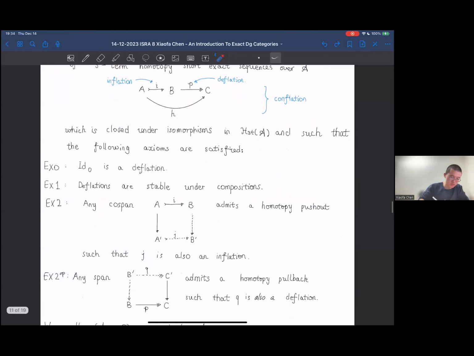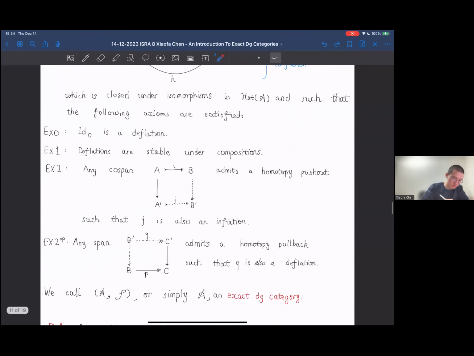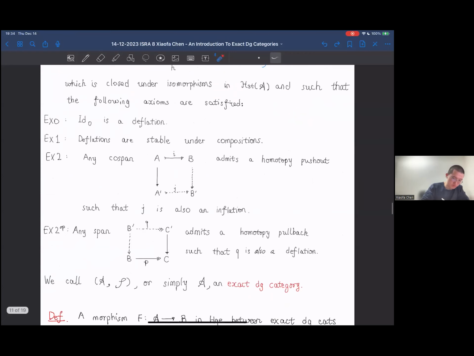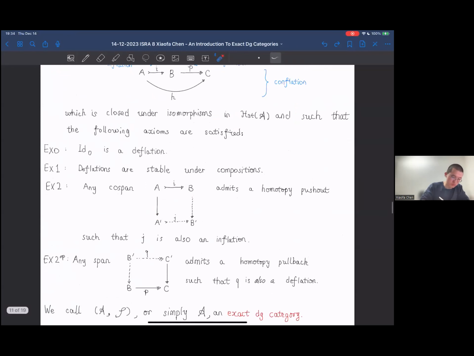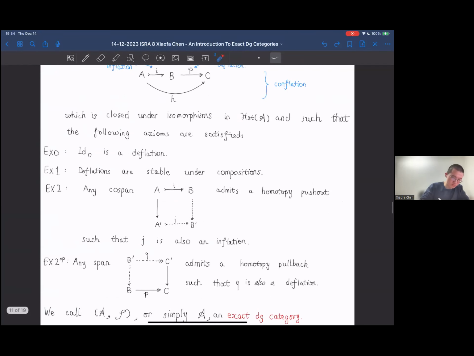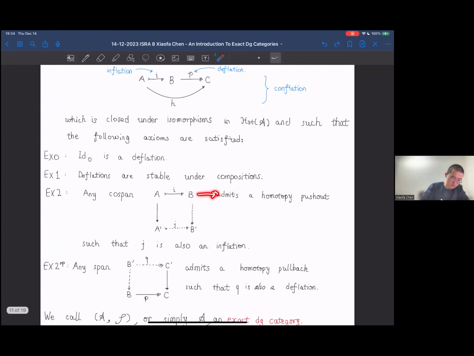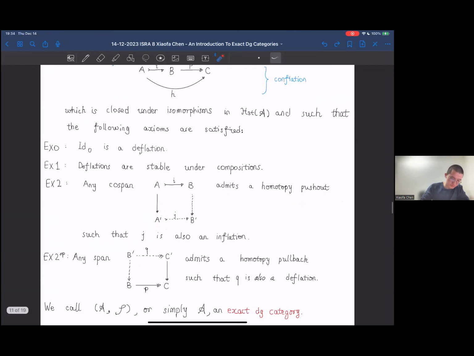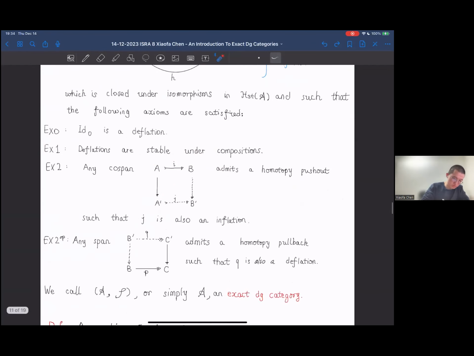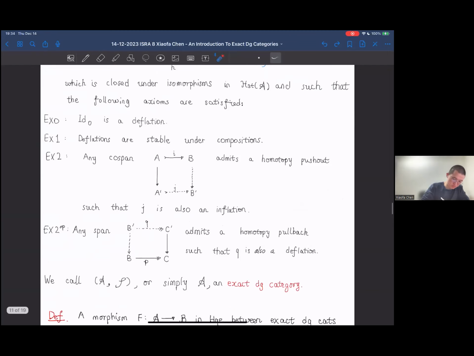Now, any cospan here, where this morphism is an inflation, so here we have a conflation. For such a cospan, we have a homotopy push-out, and the homotopy push-out of the inflation remains an inflation.